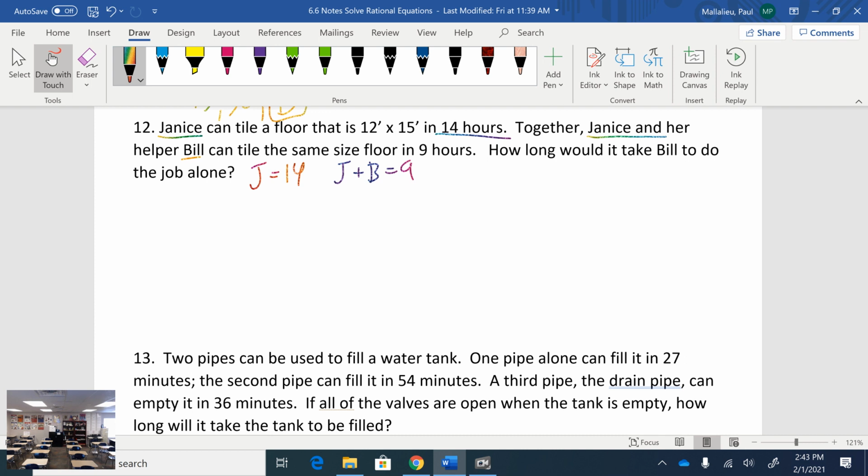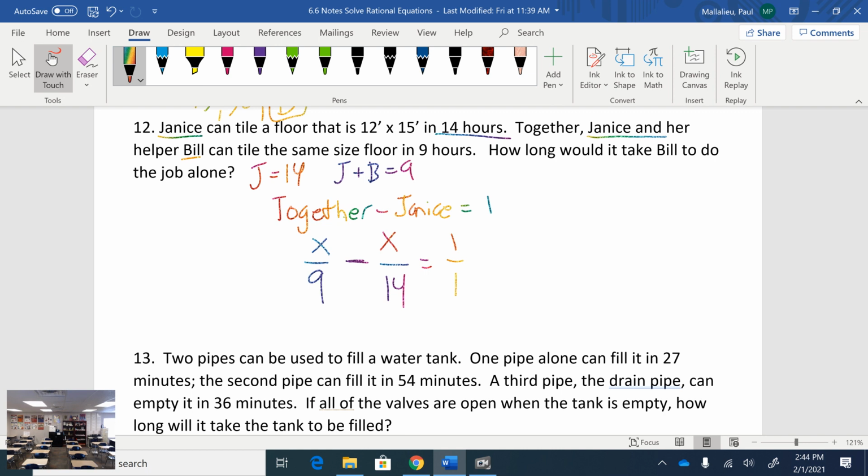So what you'd have to do is take them together, which we said was 9 hours, so the job over time, and then subtract away Janice's time, to find out the one job that Bill could do by himself. By herself, Janice could tile the floor in 14 hours, and that's over one job.